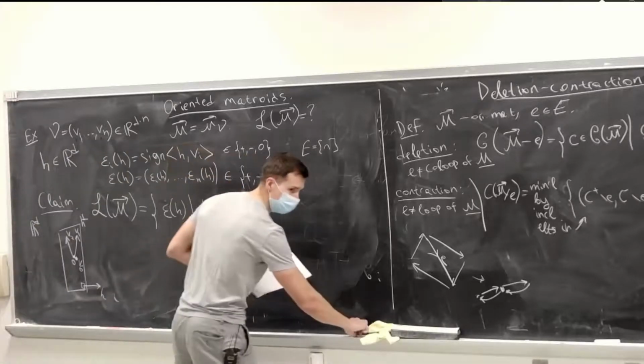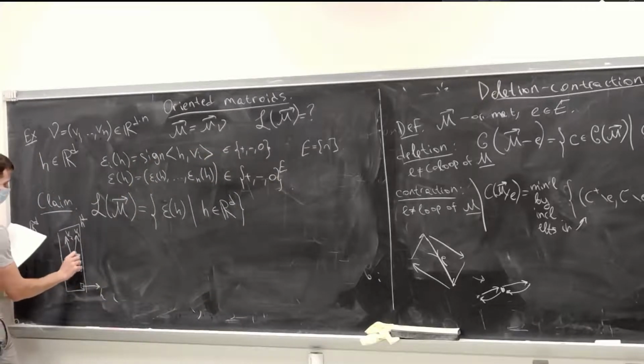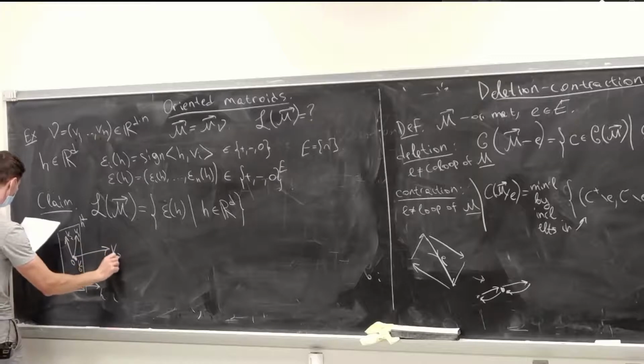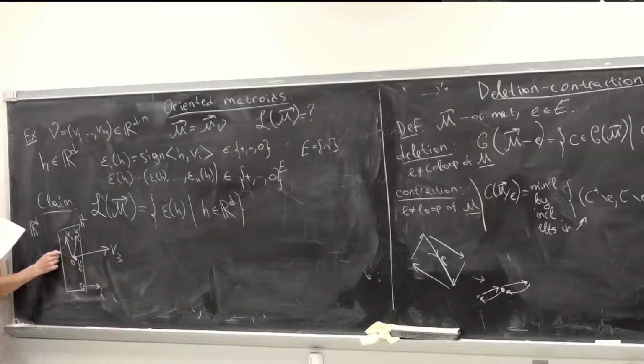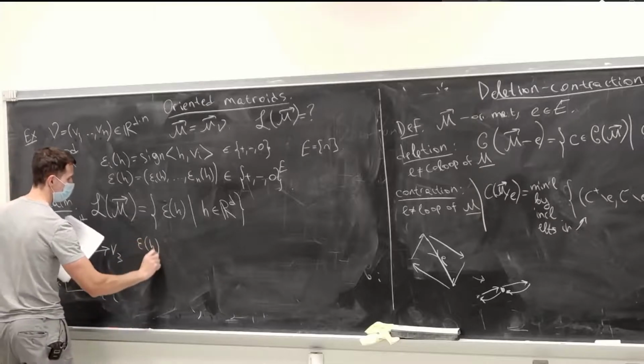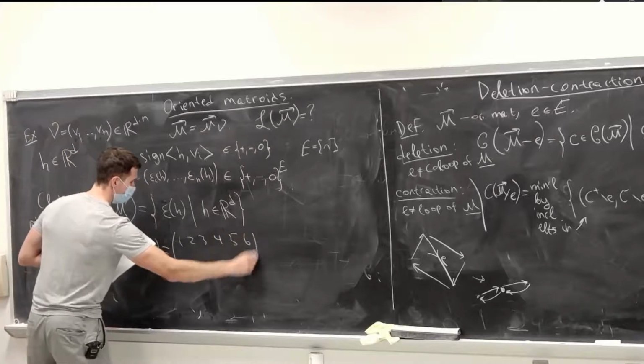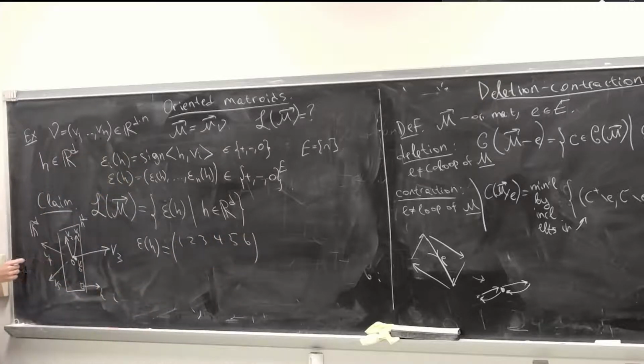Then maybe some vectors point in this direction, v3, and some point in the opposite direction, v4 and v5, something like this. Then the corresponding epsilon of h is going to be, for 1, 2, 3, 4, 5, 6, what is it going to be?